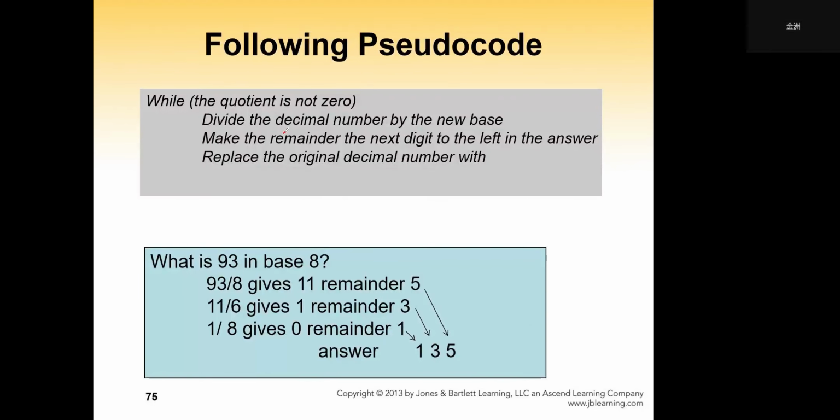This is just an example: what is 93 in base 8? You convert the 93 in decimal to a number in octal.